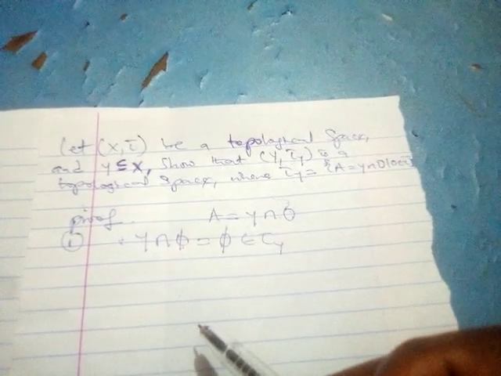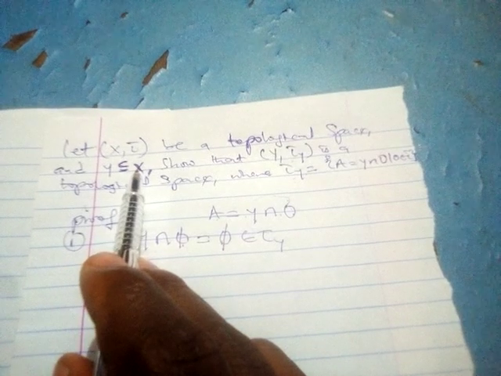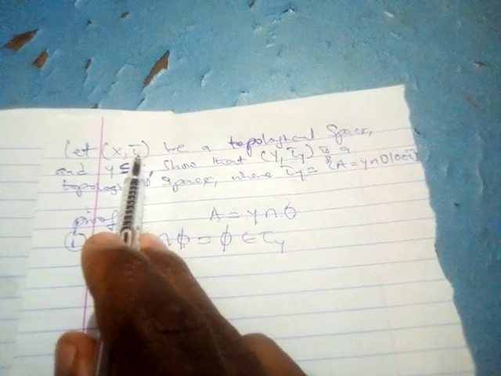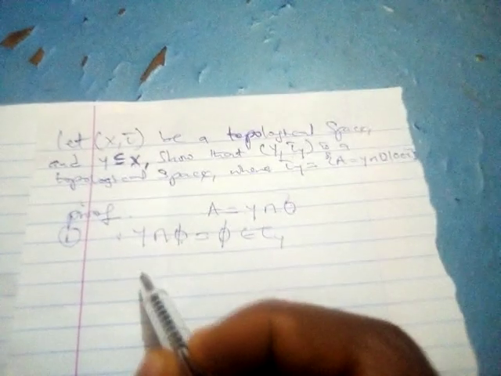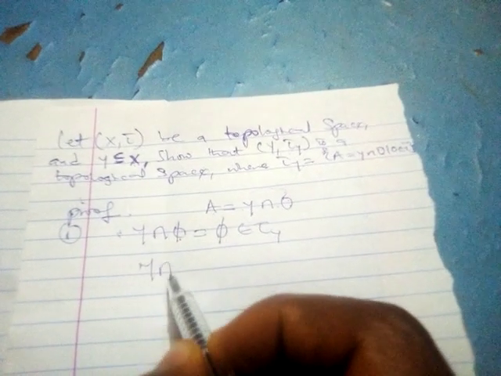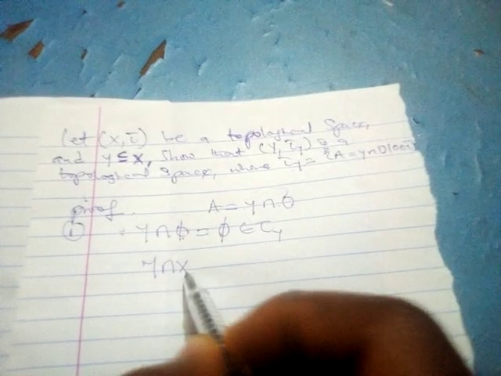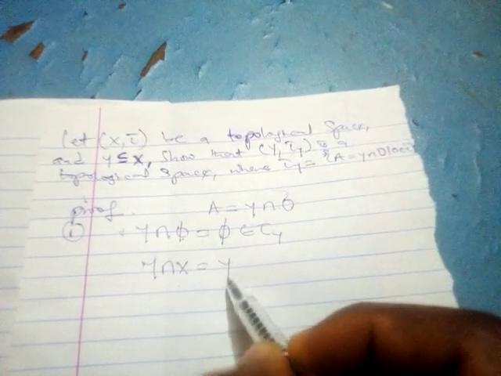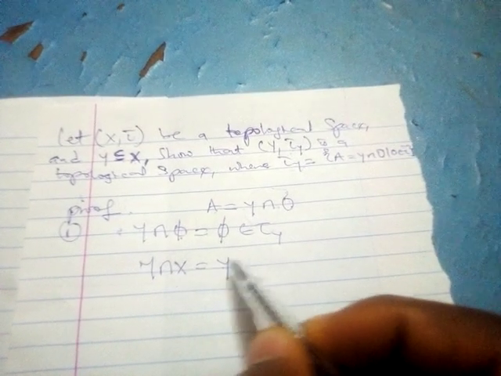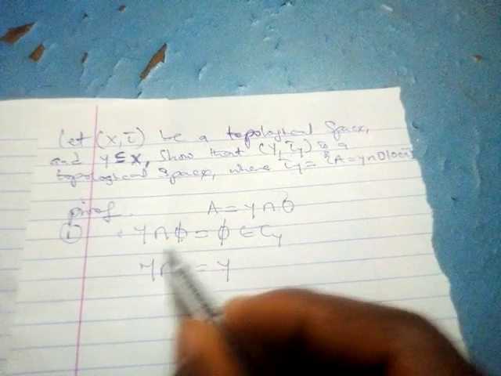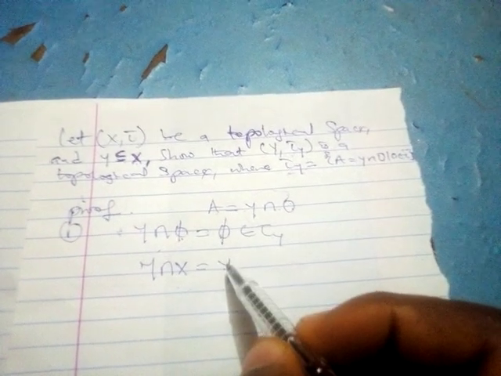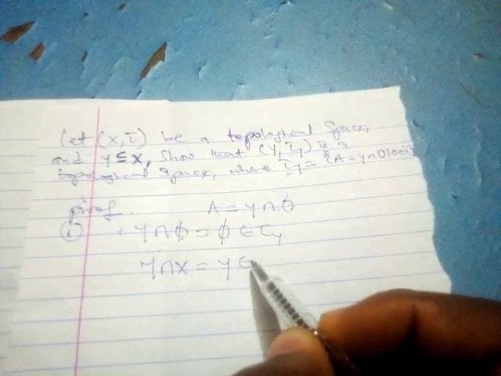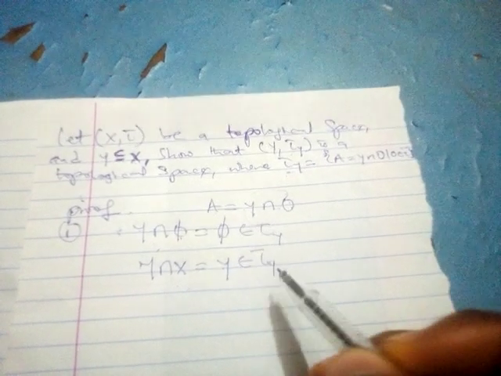The other one is, we know that the whole space X is open in X. So Y intersect the open set X will give us Y, and this is in the subspace topology.